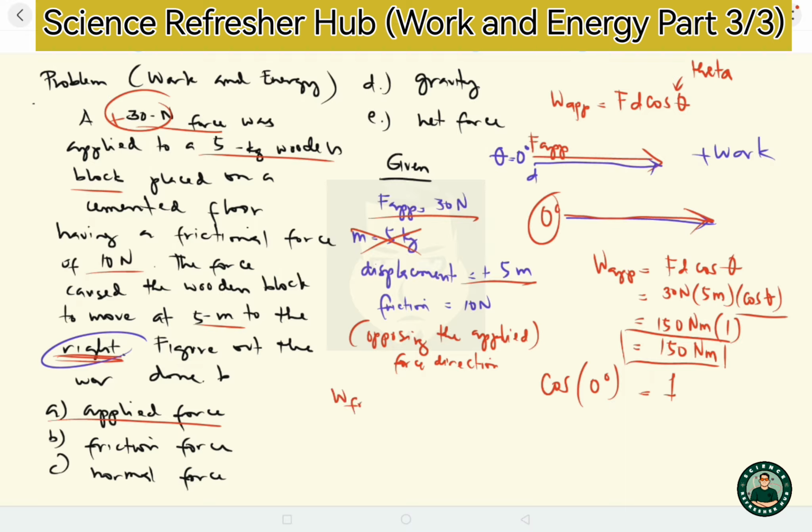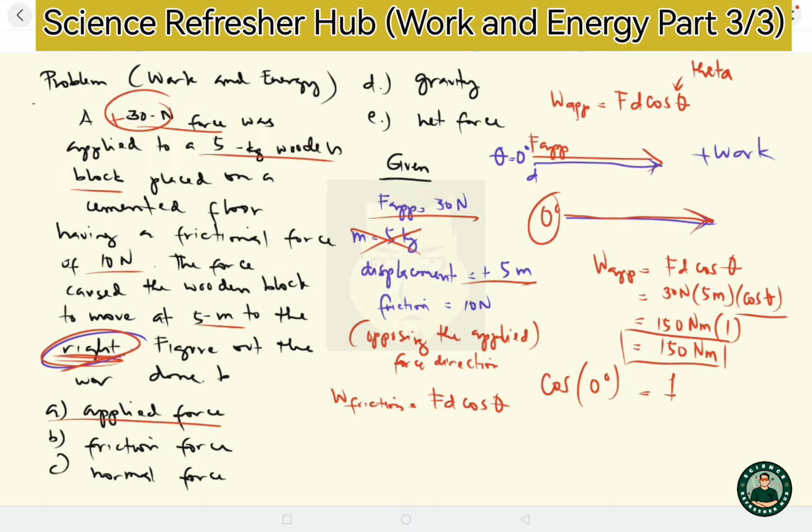This time we will have the work done by friction. Same formula, force times displacement, and we'll have the cosine theta now. Let's compare the directions of the vectors of our force here, which is friction, and the displacement of our wooden block. The displacement is still to the right.